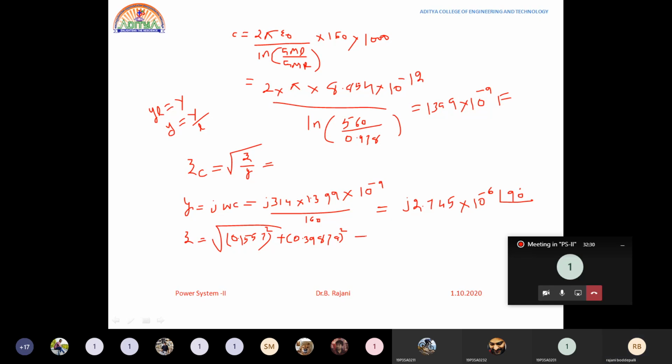If I calculate this value, I will be getting 0.428.